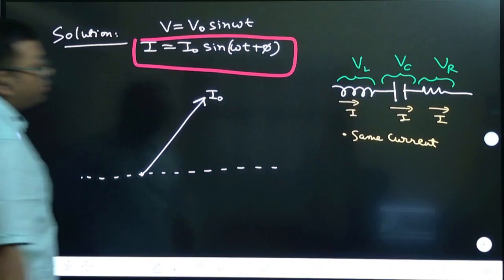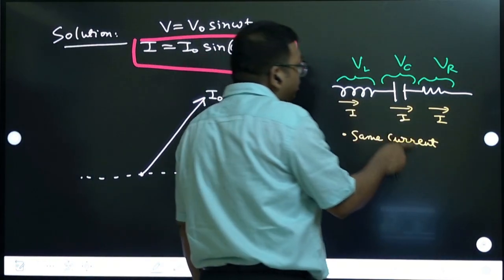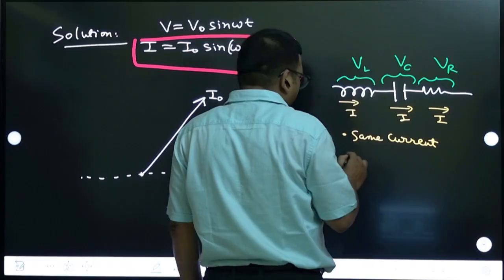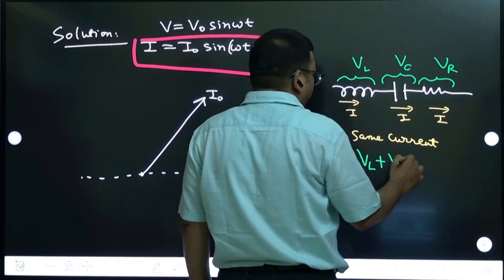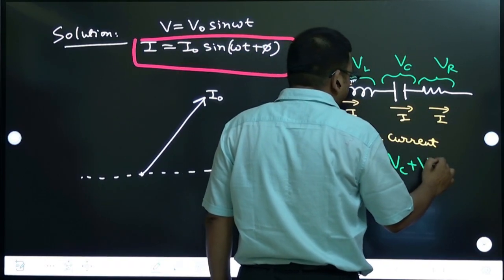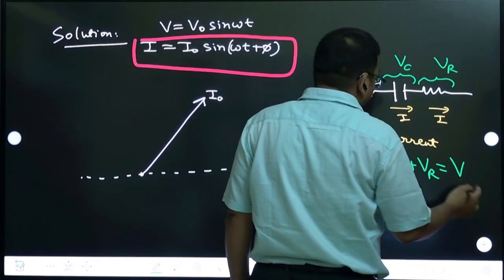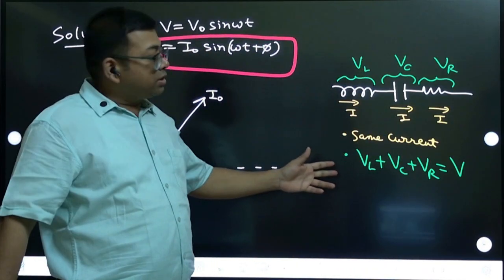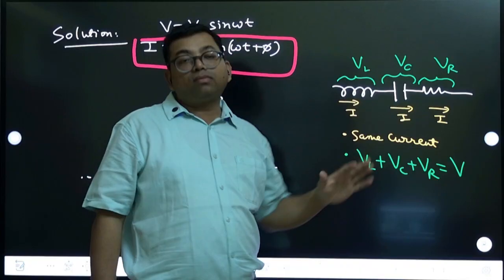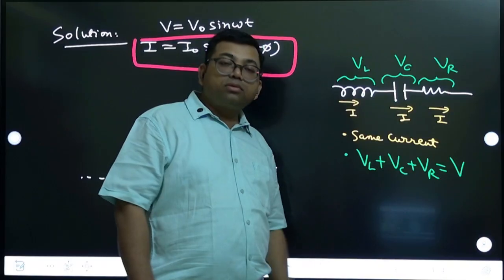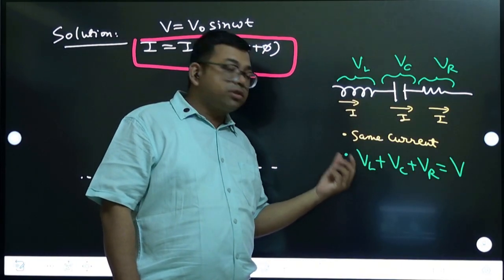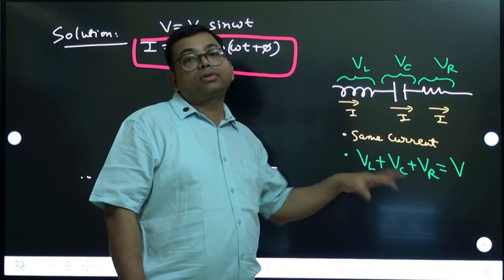But definitely we know that in series the sum of all the voltages is equal to the applied voltage, right? So VL plus VC plus VR is equal to the applied voltage V. And this equation holds at any instant of time. Anytime you see the voltages, the sum of all the voltages is equal to the applied voltage.